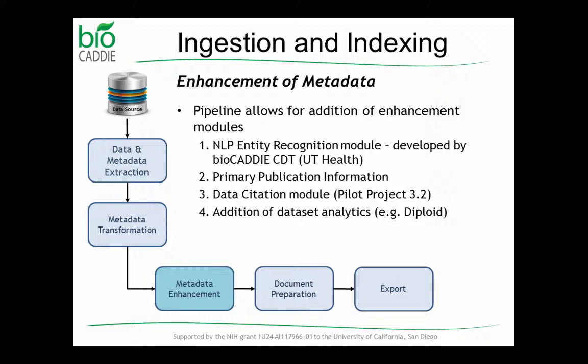Basically, we now have an enhancement module that allows us to take in any well-structured, analyzed information about data sets in a repository and attach that to the record. We did this first with the deployed data, but any other type of analytic that can produce the same or similar structured output, we can now write back into the record fairly easily.